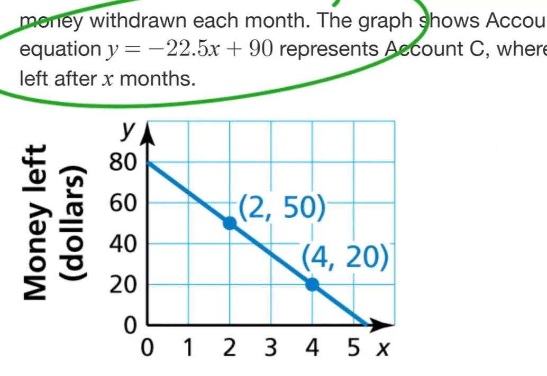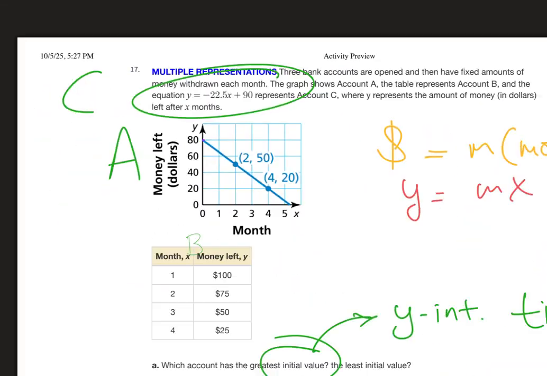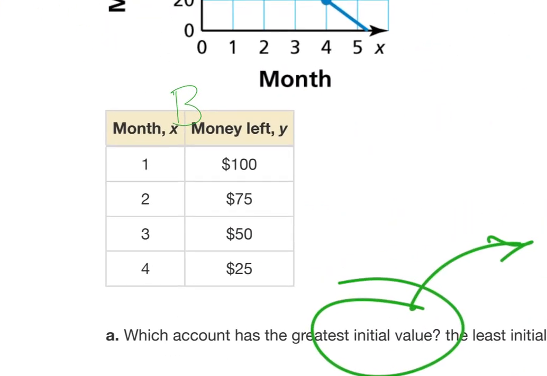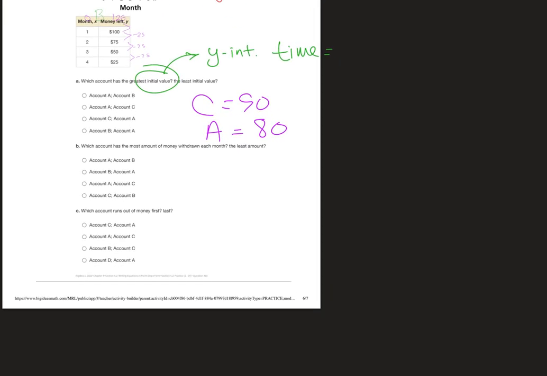Don't believe me? Zoom in. There it is, 80. But this one, we have to kind of figure out the slope. Notice they're going down $25 a month. So if we were to then add, we'd have 125 here at month 0. So B started with 125.